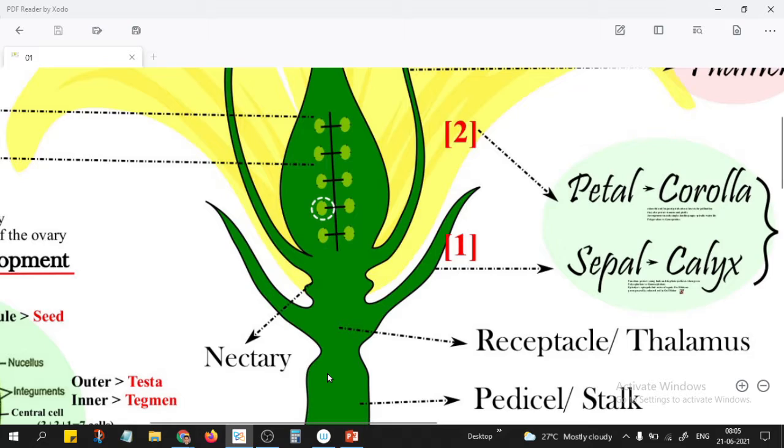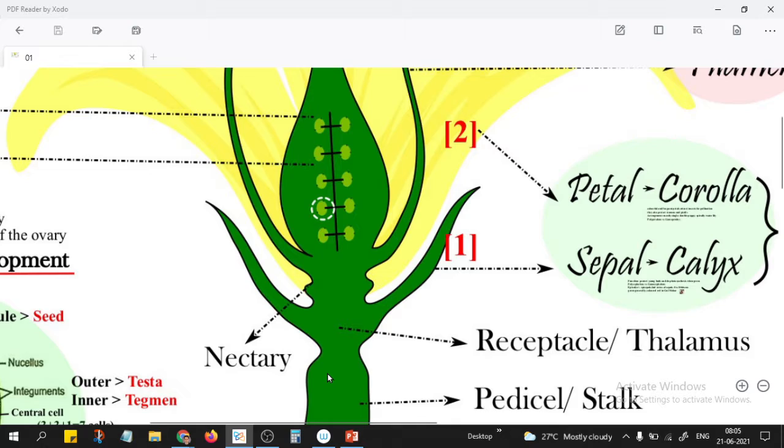So the first whorl of the flower, the outermost whorl of the flower, is called the sepal. So they are the sepals. The sepals come under the broad name that is called the calyx. Okay, the sepals are called the calyx.